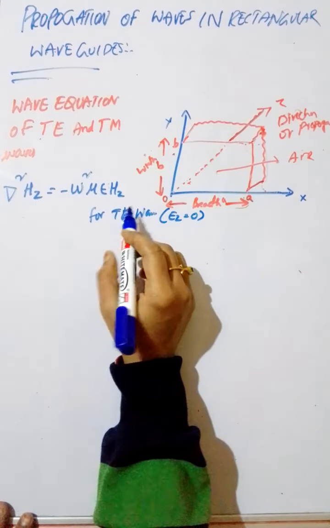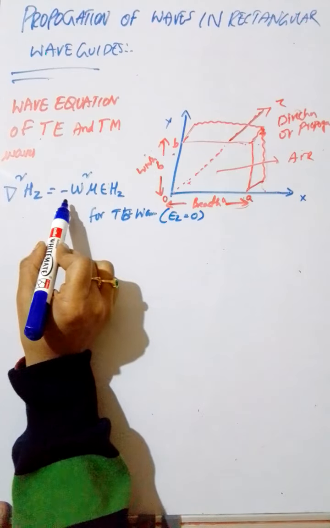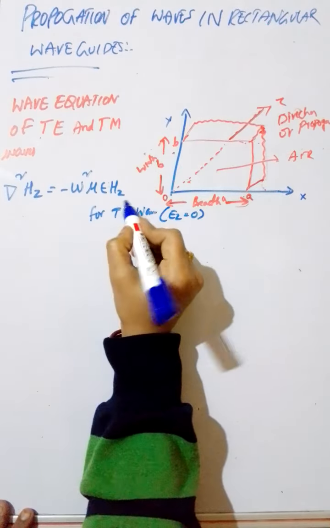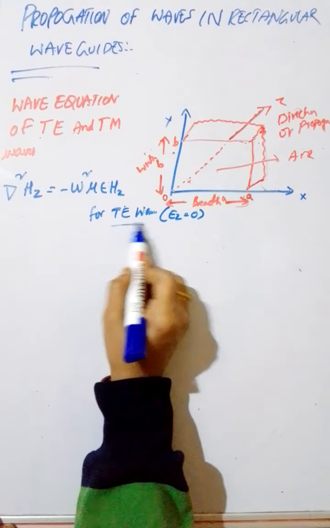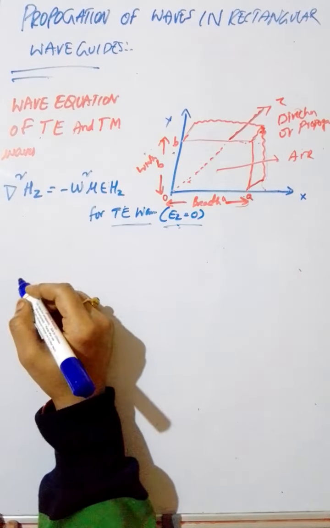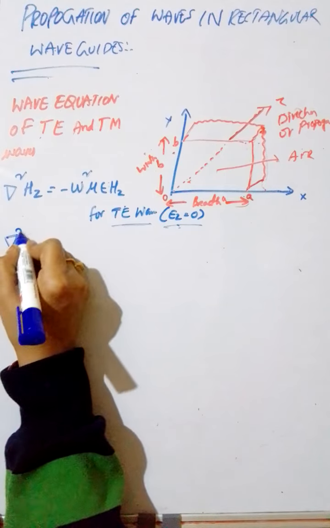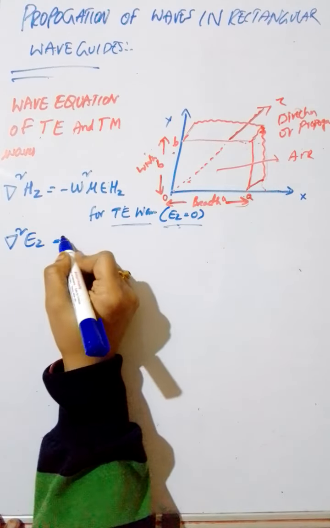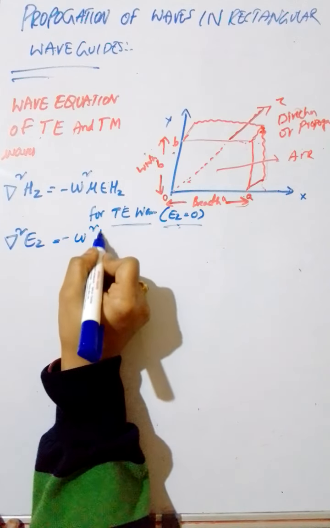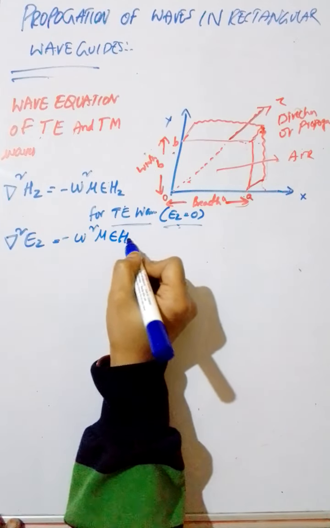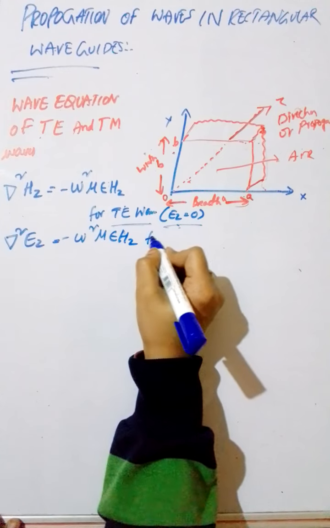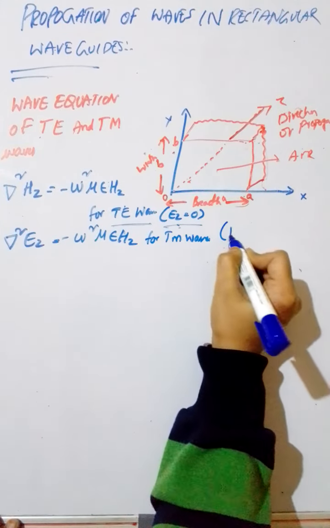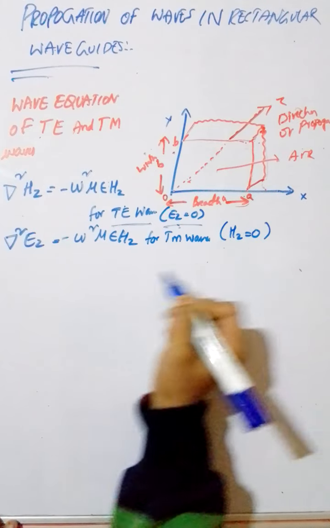Whereas for transverse magnetic waves, del square Ez is equal to minus omega square mu epsilon Ez, and for TM waves, Hz is equal to 0.